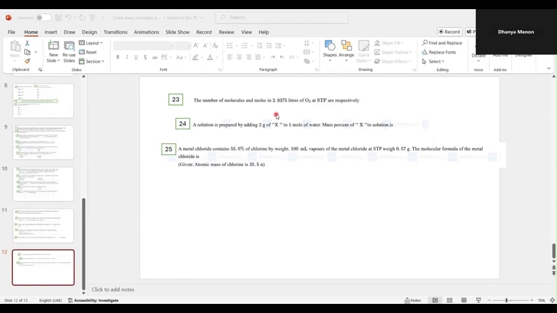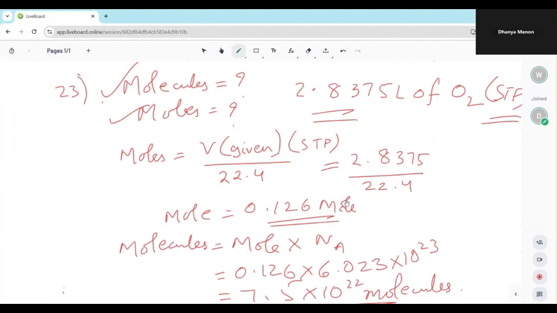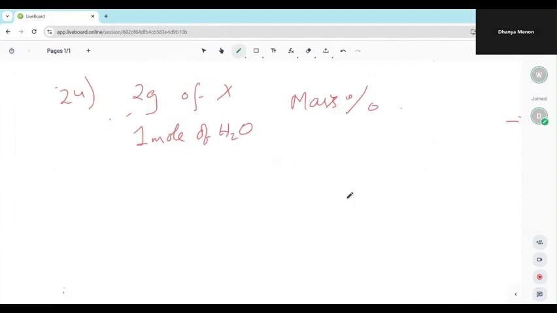So the mass percentage, you already know how to find it. Mass percentage is equal to the mass of element X by the total mass, times 100.